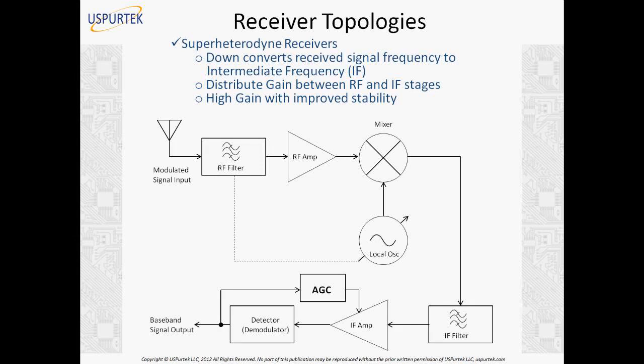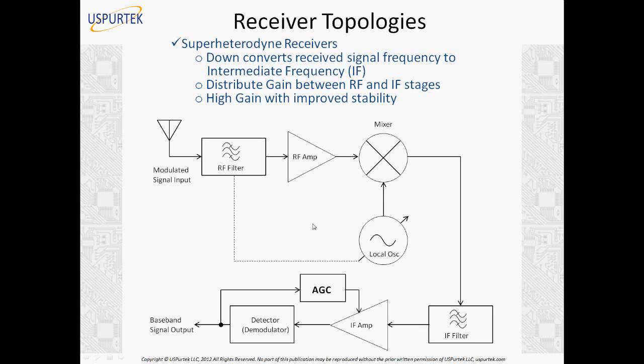Now what happens with that? We distribute gain between the RF and IF stages. We have an RF amplifier here, but then when you down convert using this local oscillator, you have an IF filter and an IF amplifier here. So the signal gets amplified in two stages, the RF amplifier and the IF amplifier. That means we don't need a single large amplifier of very high gain, because that is not efficient and it can create more power.